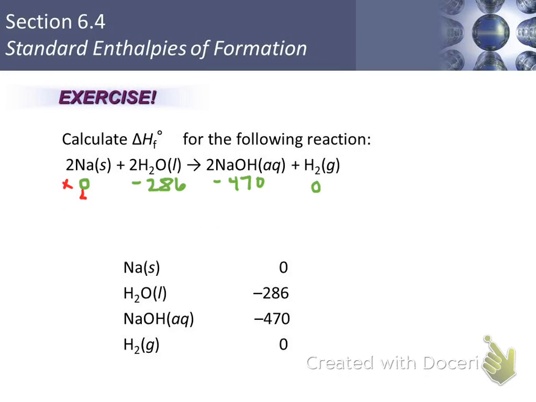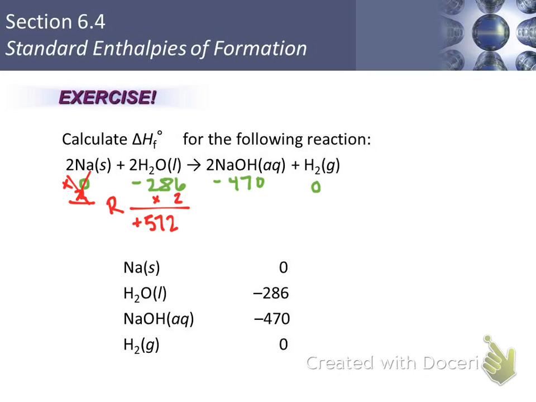We would multiply that by 2, but it's a 0, so there's not really a reason to do that. For water, what do we need to do? We need to reverse, and we need to multiply by 2. We reverse it because in our reaction, it's a reactant. So we reverse 286 times 2, and that gives me positive 572.